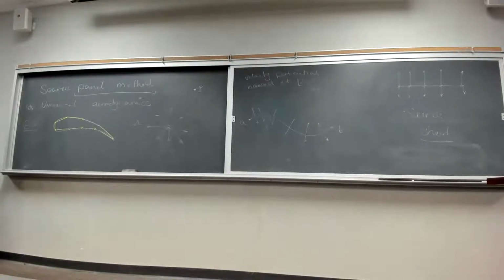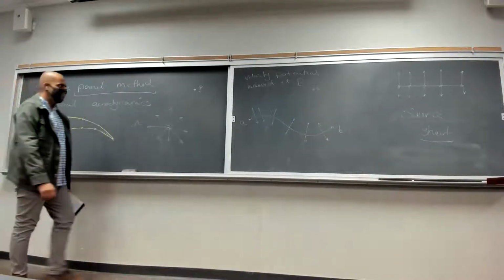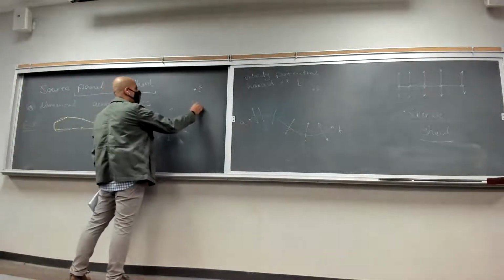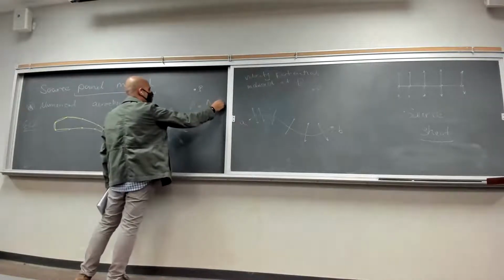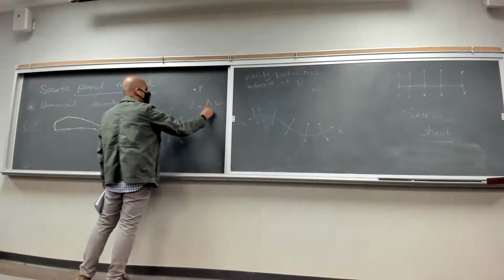Tell me what the induced velocity potential at point P is. It's lambda times the natural log of r, over 2 pi.